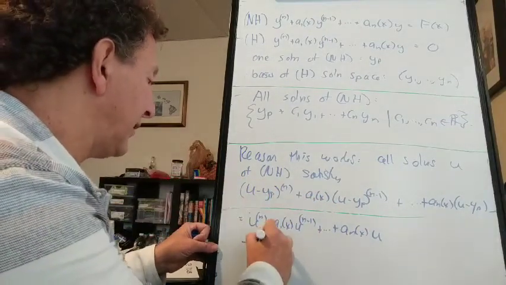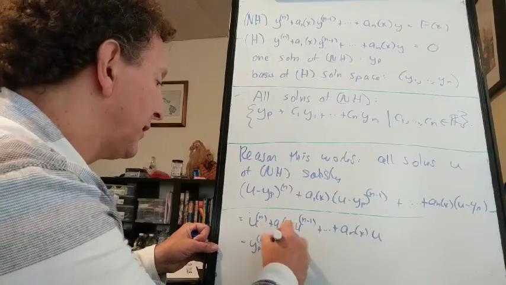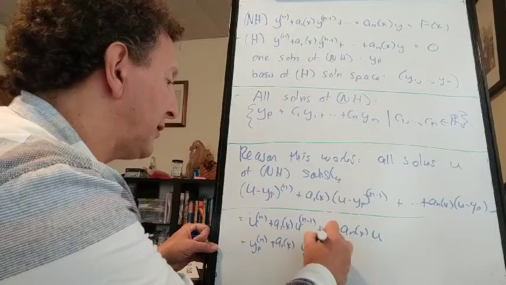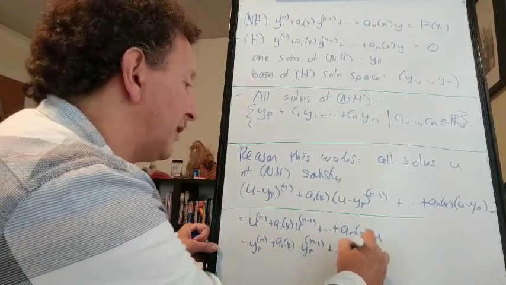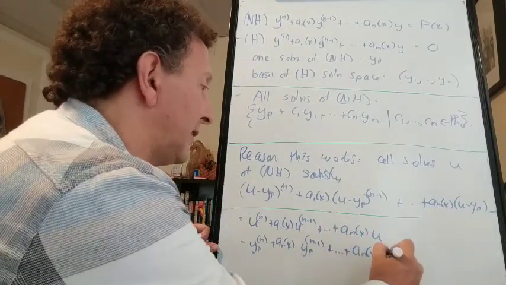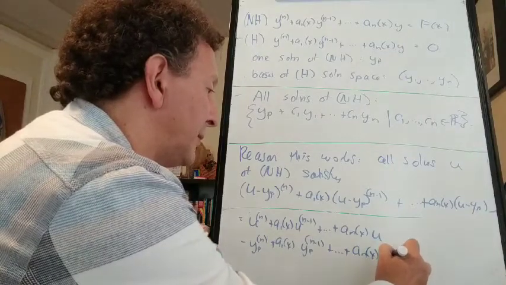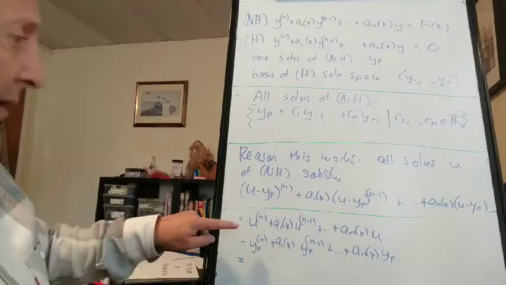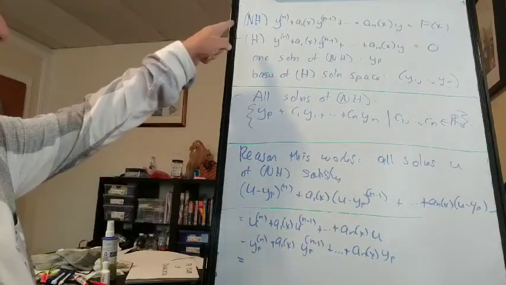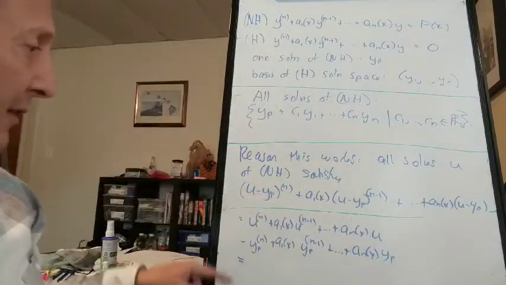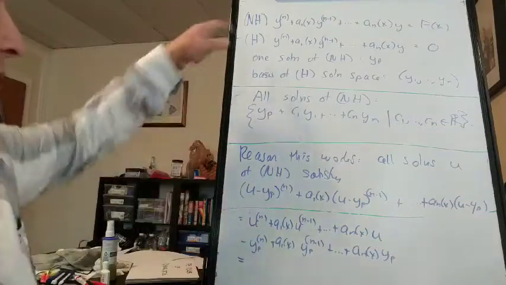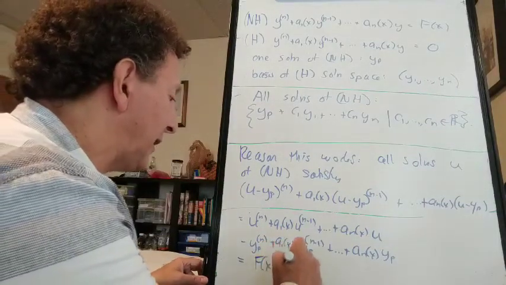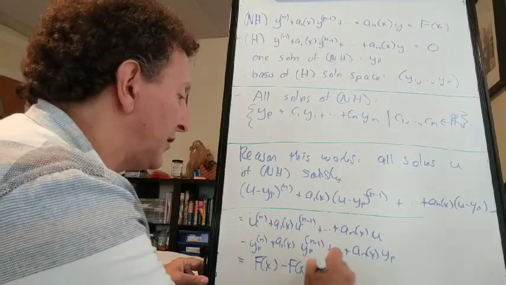So minus nth derivative of yp plus a1 of x n minus first derivative of yp, etc., up to a n of x yp. Now if u satisfies that equation, then this should be equal to f of x. But yp satisfies that differential equation, that's equal to f of x. So that's equal to f of x minus f of x, which is 0.